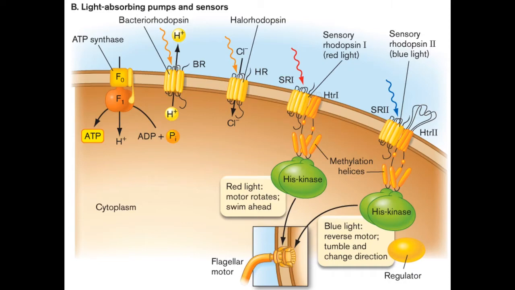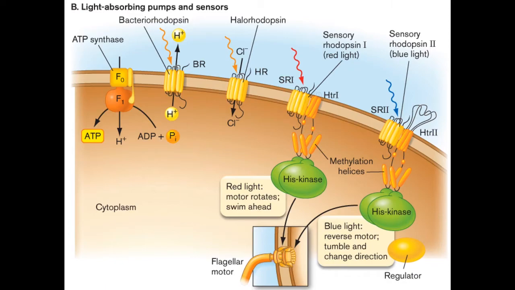These microbes can positively chemotax towards red light. So they use sensory rhodopsin 1 to positively chemotax towards light in the red range. That tends to be the light best suited for photosynthesis.